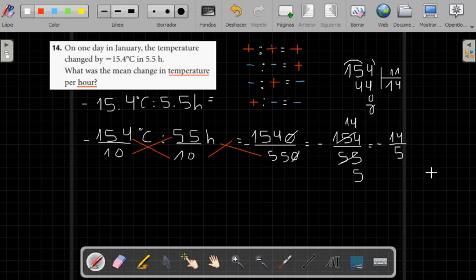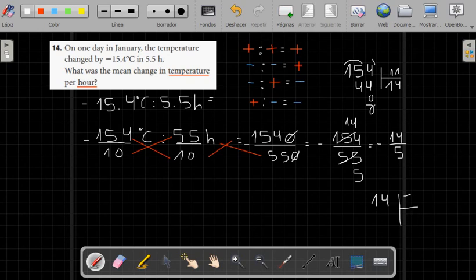But remember that the original exercise came with decimals, so we must give the answers with decimals. La pregunta originalmente vino en decimales, así que debemos dar la respuesta en decimales. For that, we need to divide 14 by 5. Let's do it. 14 divided by 5.